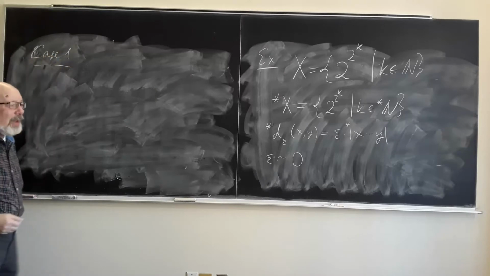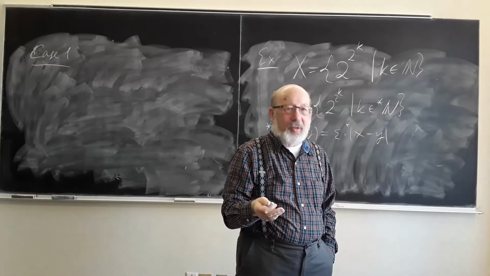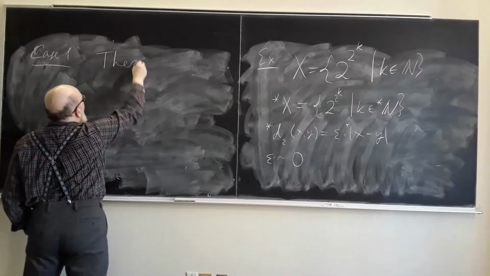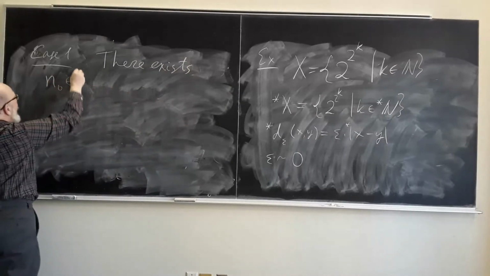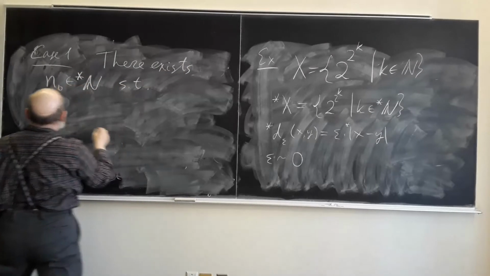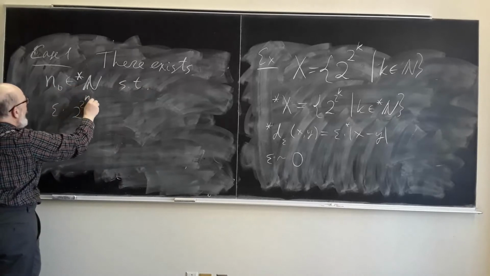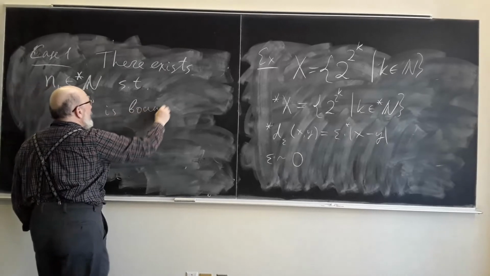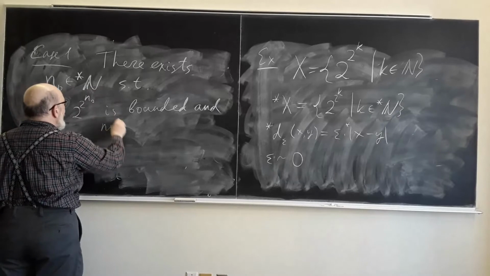Case one. Each case depends on the non-standard model and on epsilon. There exists a non-standard number n0 such that epsilon times 2 to the power 2 to the power n0 is bounded and not infinitesimal.